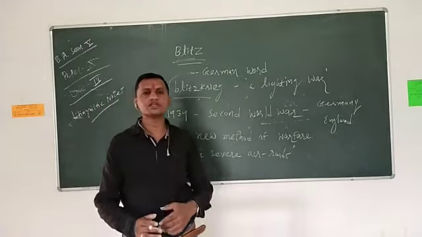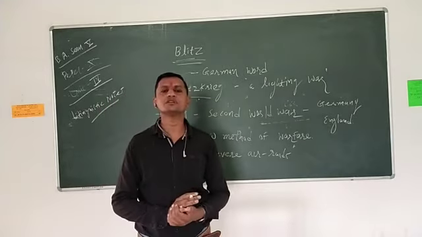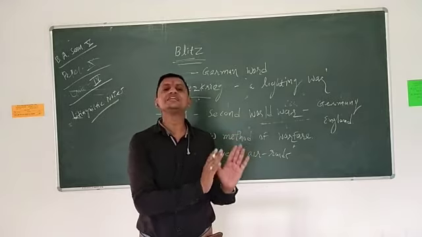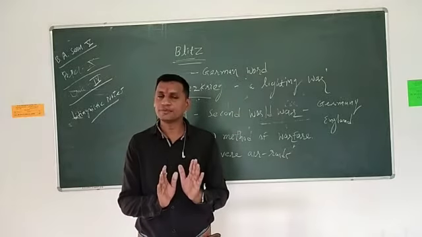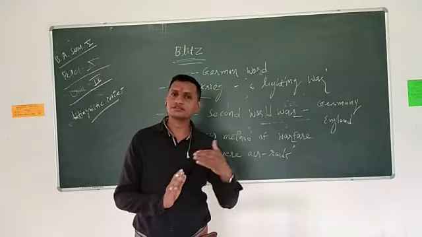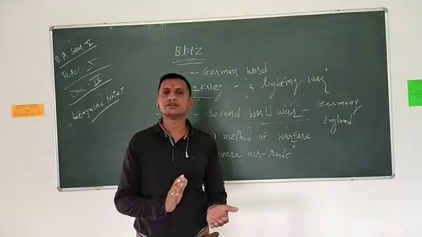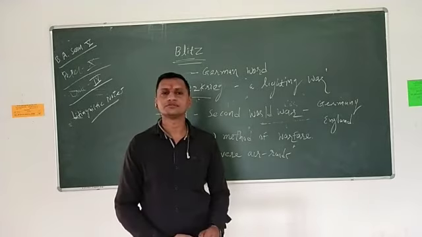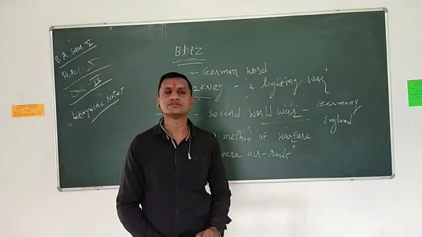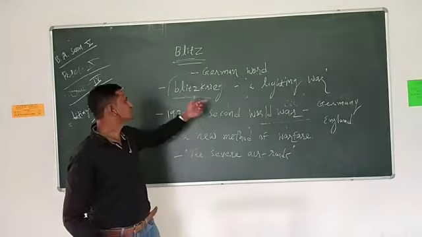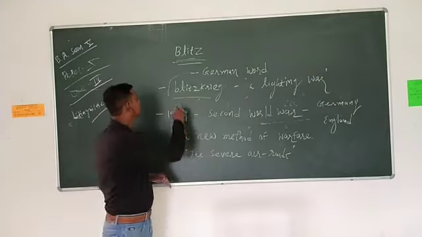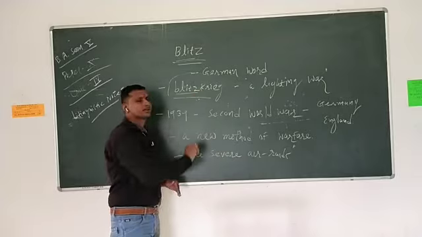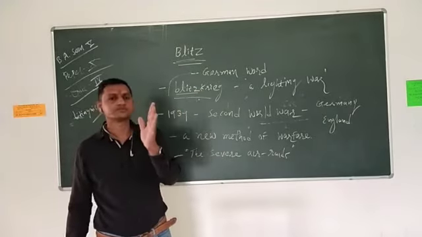Here the pronunciation and spelling of the word are quite different in German, and whenever it was accepted in the English language, it became short. Only Blitz. Krieg is out.